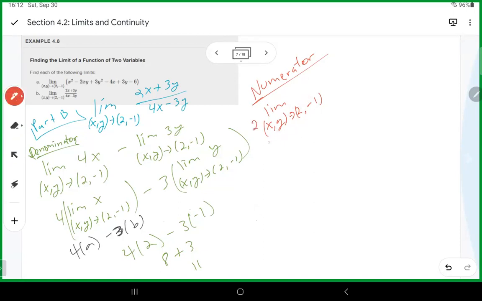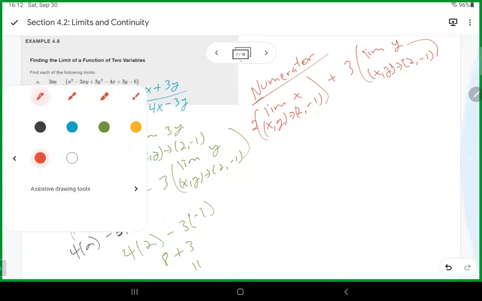So we would have the 2 outside and the x on the inside, plus 3 on the outside, the limit xy to 2, -1, y is on the inside.